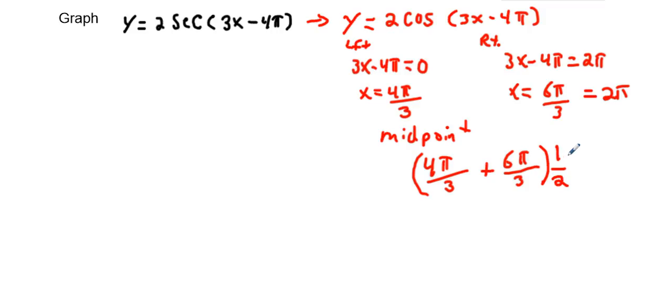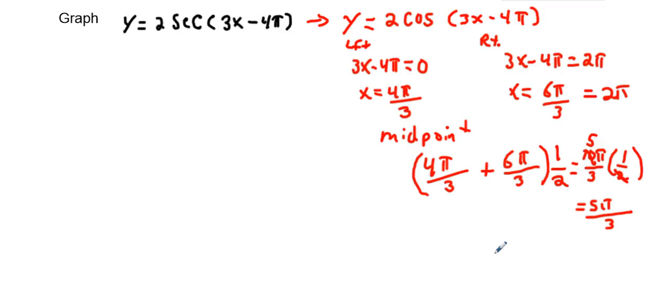I'm simply going to multiply by 1/2. So when I do that, I get 10 pi over 3 times 1/2. And I can cross cancel the 2 with the 10, and I get 5 pi over 3. And that's our middle point.